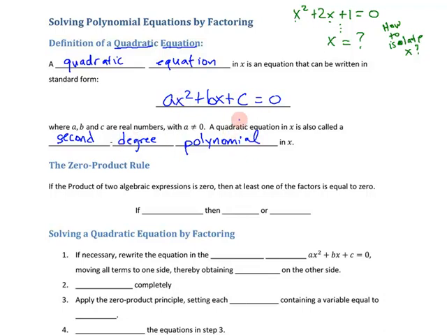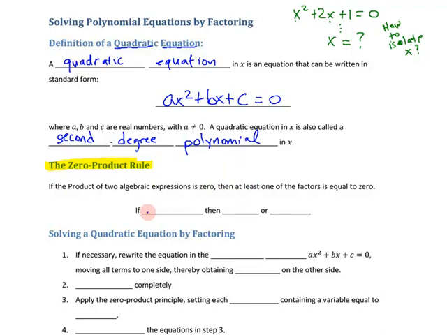Now, how are we going to solve that? Again, how do we get the x by itself? Well, we're going to use something called the zero product rule. The zero product rule is really our key that unlocks the door here. If the product of 2 algebraic expressions is 0, then at least one of them has to be 0.